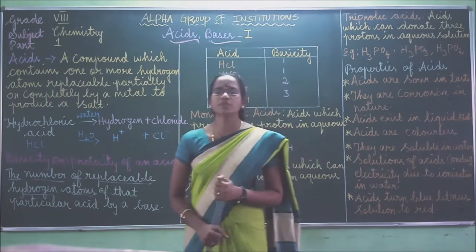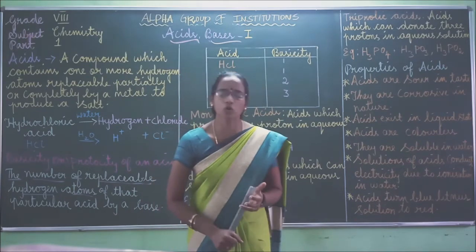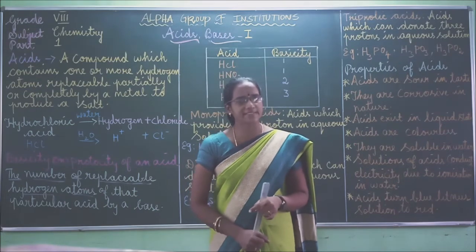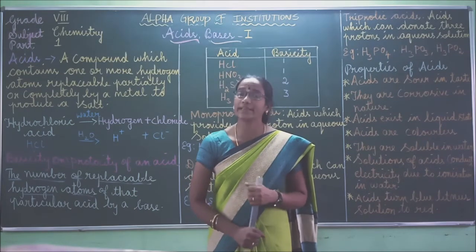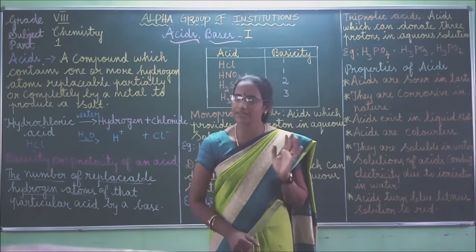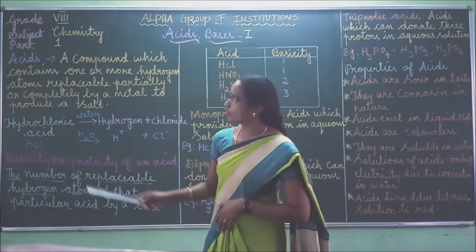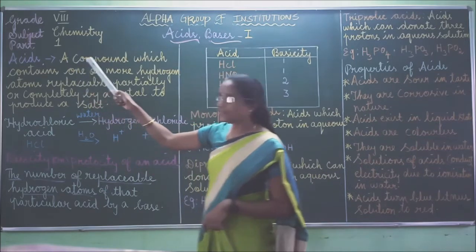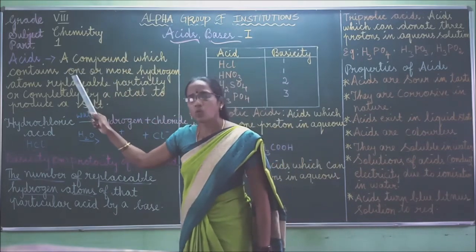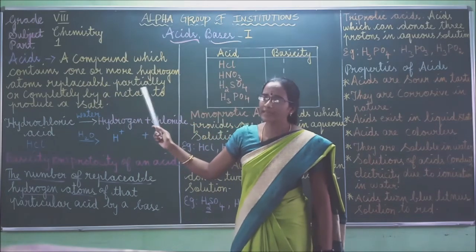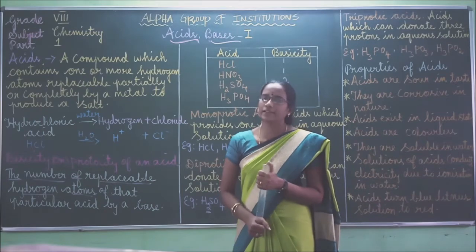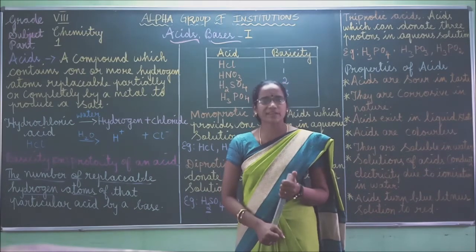Some examples of acids are hydrochloric acid, sulfuric acid, and nitric acid. When dissolved in water, these acids release hydrogen ions. So what do you mean by acid? An acid is a compound which contains one or more hydrogen atoms replaceable partially or completely by a metal to produce a salt.